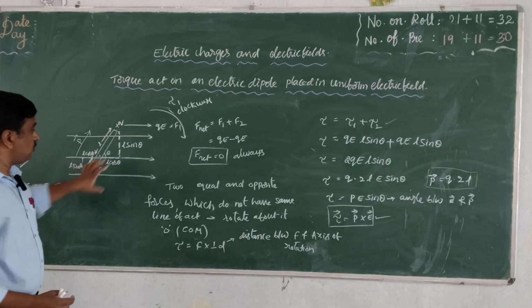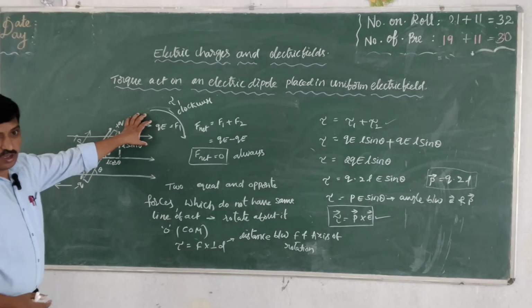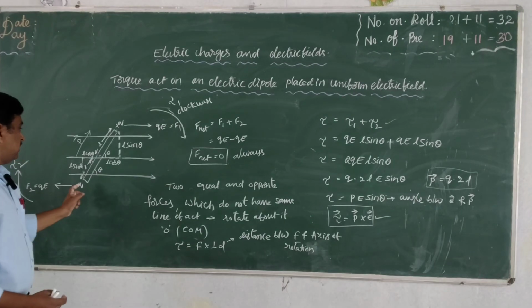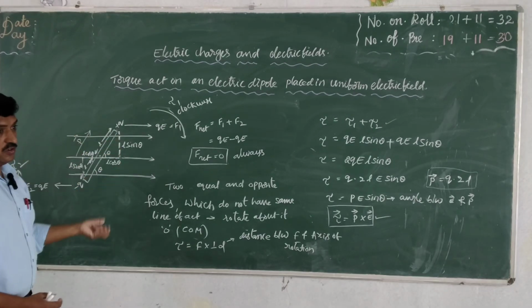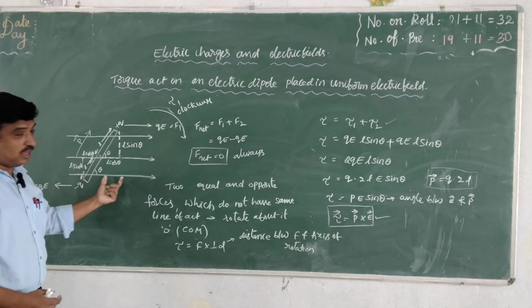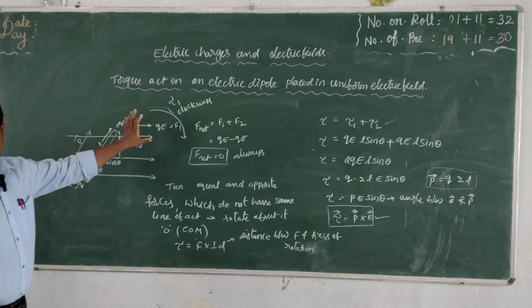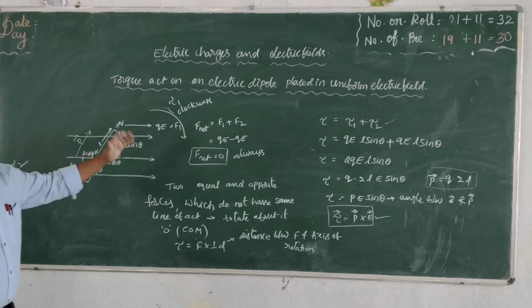Only when two equal forces act on the dipole without the same line of action does torque act on it, and then it rotates about its axis or center of mass.